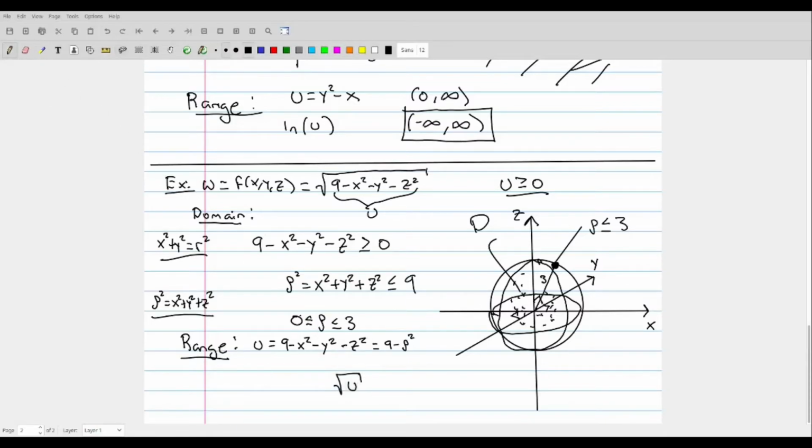When rho is equal to 0, u is equal to 9, and when rho is equal to 3, u is equal to 0, because you have 9 minus 3 squared, which is 9 minus 9. So that means that u is between 0 and 9, which means that the square root of u is between 0 and the square root of 9, which is equal to 3.